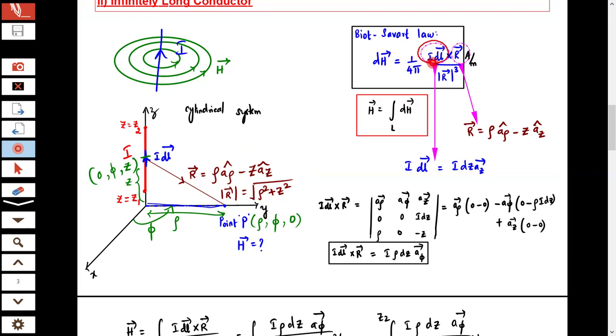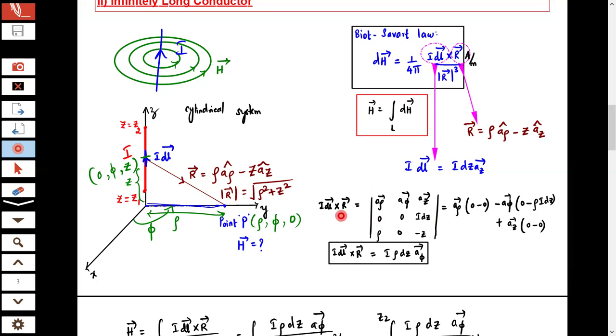Now we have got both the I dL vector and the R vector. We have to estimate the I dL cross R vector in the numerator. We have already discussed that the cross product between two vectors can be found by the determinant rule, where the first row will be the components of the unit vectors. Here in the cylindrical system, we have a_rho, a_phi and a_z as the unit vectors.